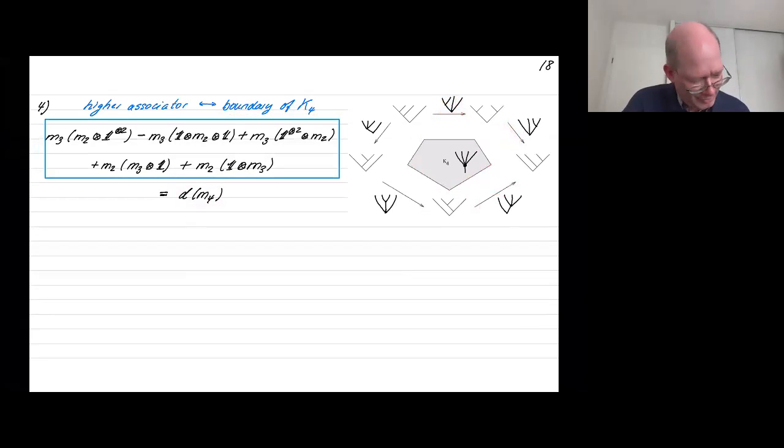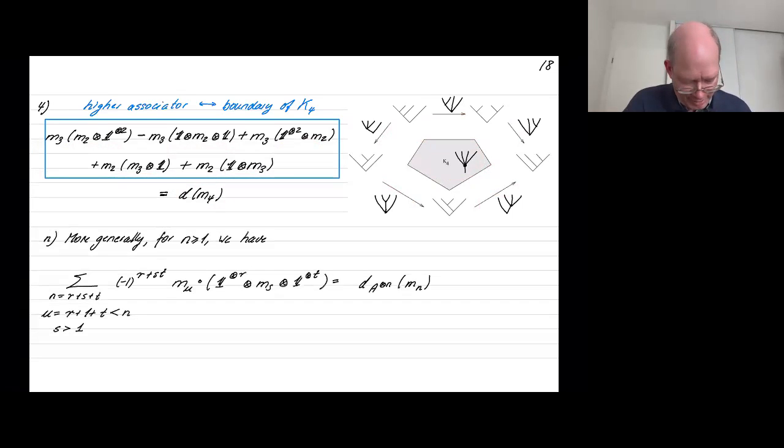And these 5 intervals at the boundary correspond precisely to these 5 terms in the higher associator. And the fact that it's the boundary of M4 corresponds to the fact that this pentagon is the boundary of the solid pentagon. And this goes on in higher dimensions.